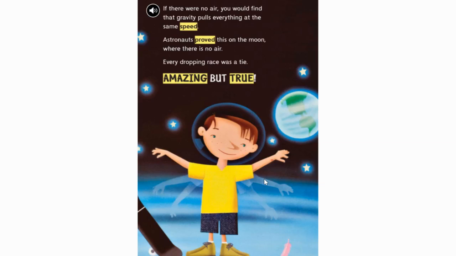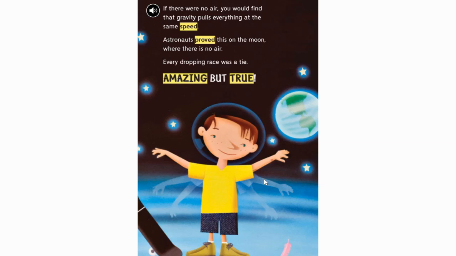All right, second graders, here again, I'm going to stop and think about what I've read. I'm going to reread this first sentence on this page to learn more about what the author is talking about, air and gravity. If there were no air, you would find that gravity pulls everything at the same speed.